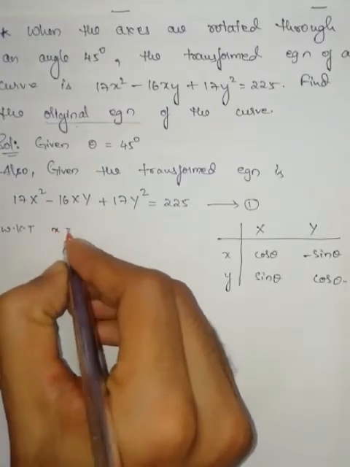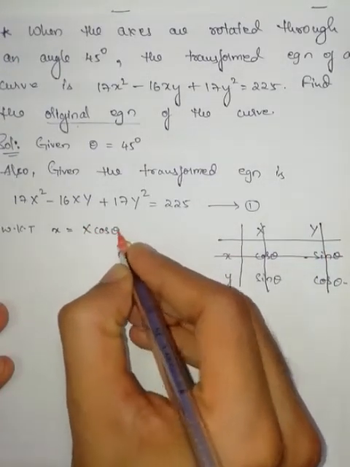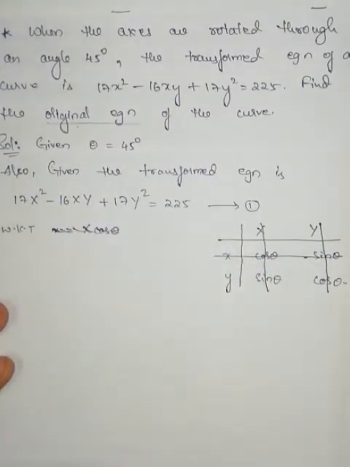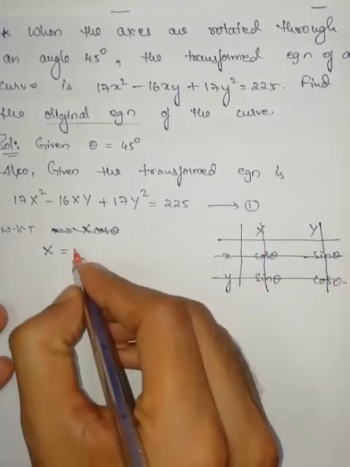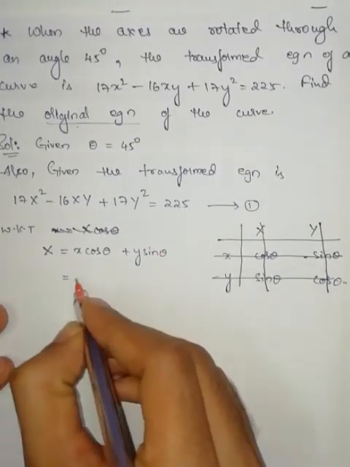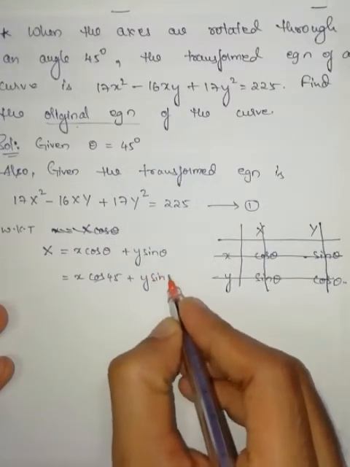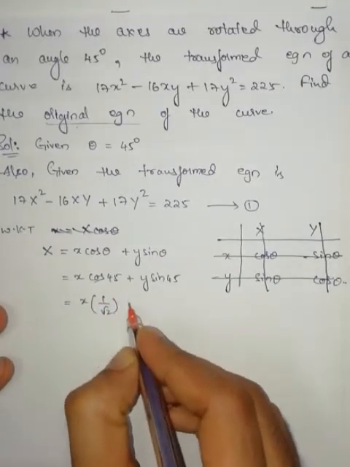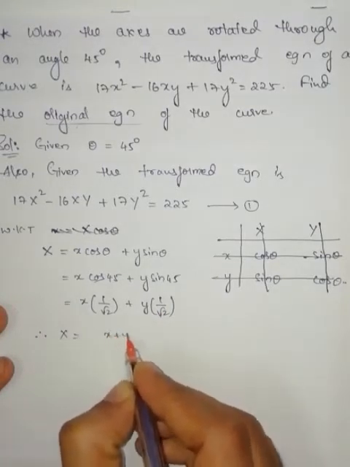So capital X is equal to x cos theta plus y sin theta, which is x cos 45 plus y sin 45, which is x times 1 by root 2 plus y times 1 by root 2. Therefore, capital X is equal to (x plus y) by root 2.